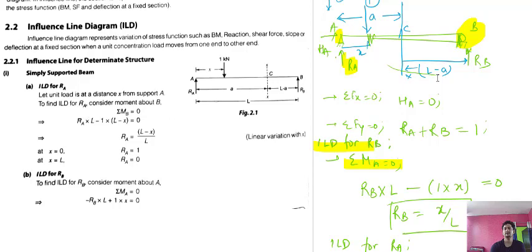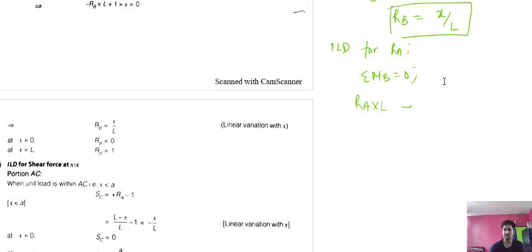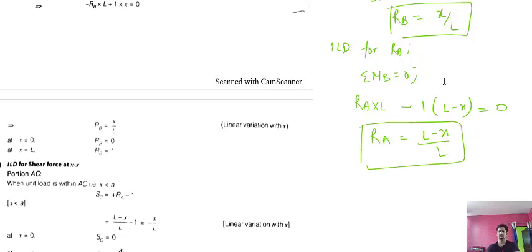When this distance is x and the total is L, the remaining distance will be L minus x. So it will be 1 into (L minus x) equal to 0. From here I will get RA equal to (L minus x) upon L. So this is how we get the reactions RA and RB.